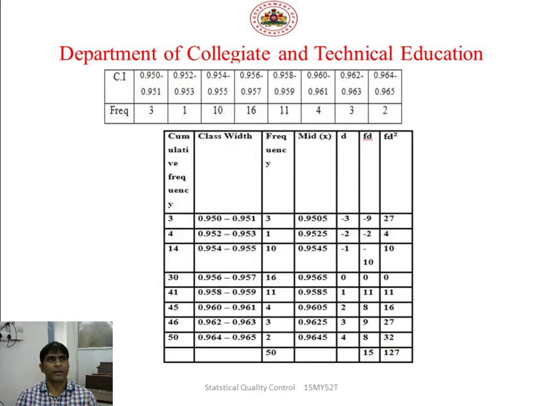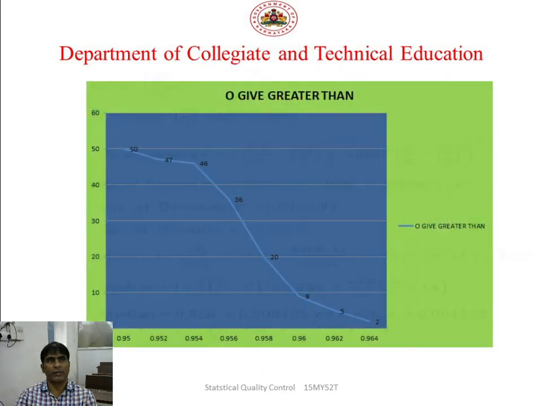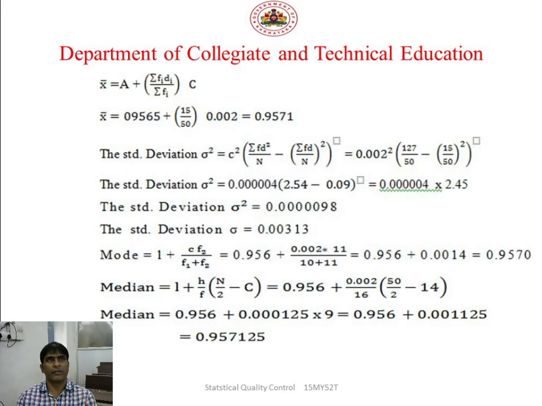The highest frequency is 16, so 16 is the mode class. L is 0.956. The successor of 16 is 11 and the predecessor is 10, so F1 and F2 are 10 and 11. So 0.956 plus 0.0014. The mode is 0.9570.